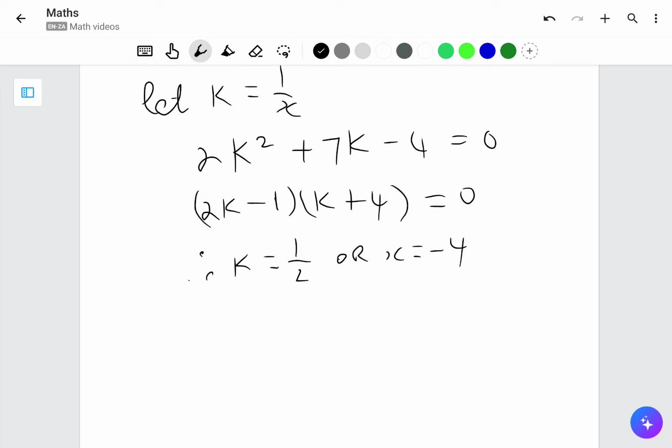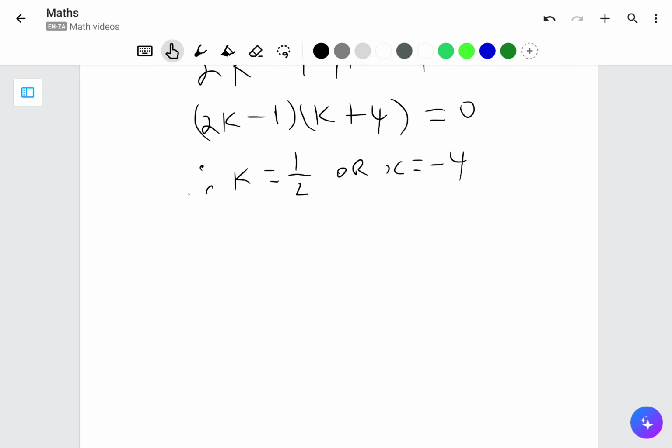Okay, so we have now two values for k, right? So what am I going to do now? Remember we said that k equals 1 over x. But now we found the value for k, so we know that k now is a half.